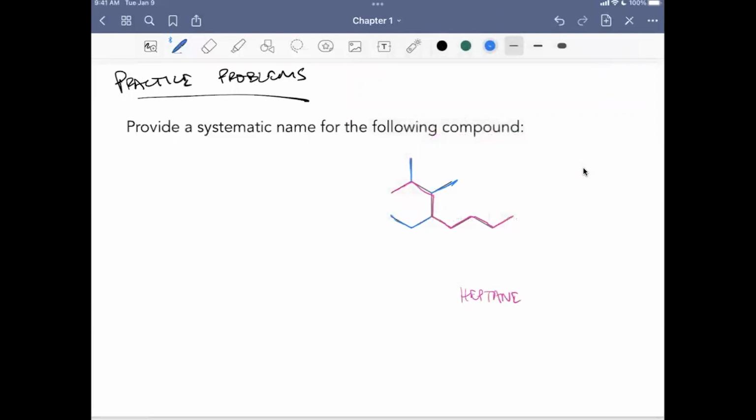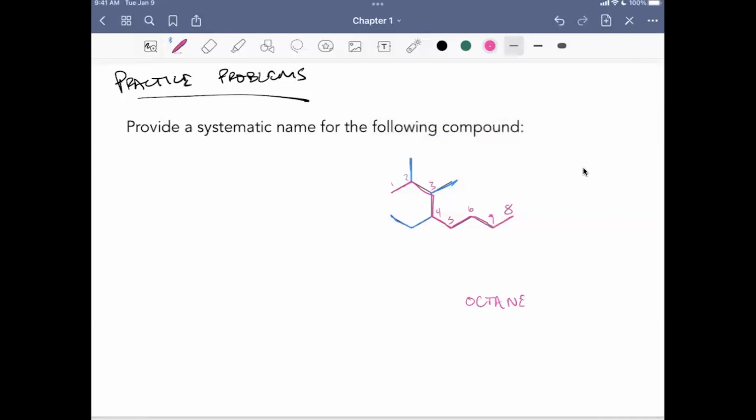Let's see how we would number this so that our substituents get the lowest number possible. You might think, oh, I'll just start over here because it doesn't matter where I start. Then our substituents would be on the 5, 6, and 7 carbons. But if we do it the other way, it'd be 1, 2, 3, 4, 5, 6, 7. Oh, I'm sorry, this is 8 carbons, so that's not heptane. It's octane. Then our substituents would be on carbons 2, 3, and 4. So that beats out the other way because now we have lower numbers.